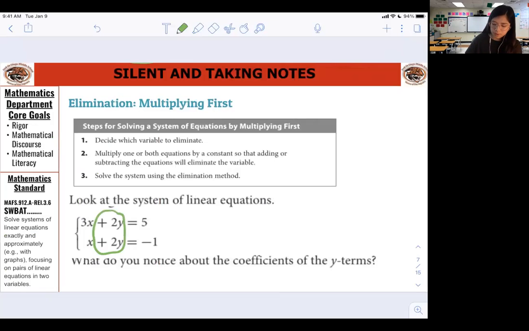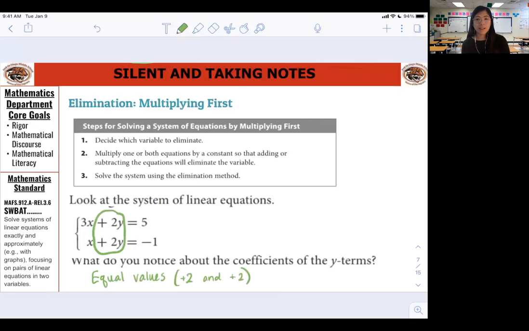We have +2 and +2. So we can't add in this case because if we added these together, we wouldn't get 0. What would we get? We would get 4y, right? 2 plus 2 is 4.